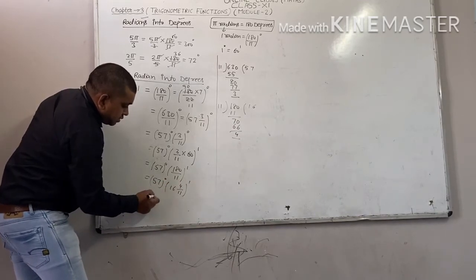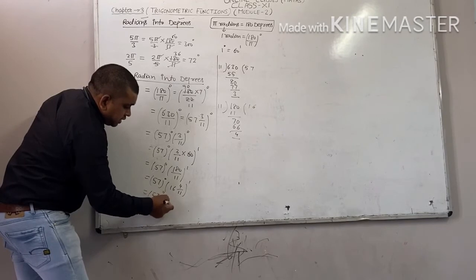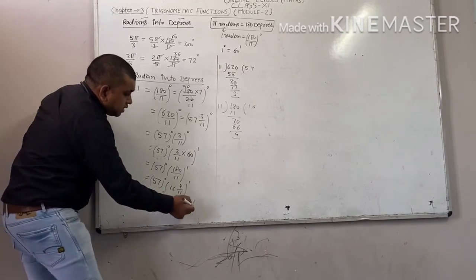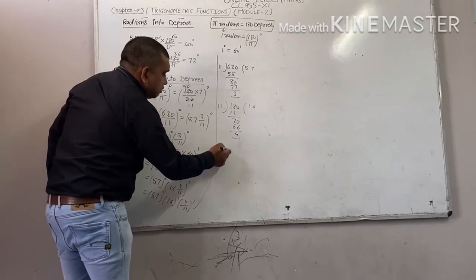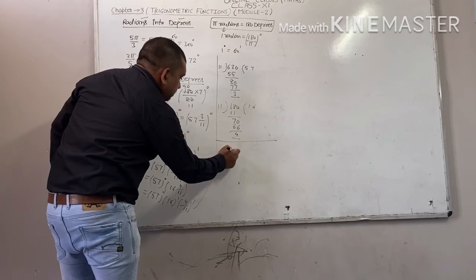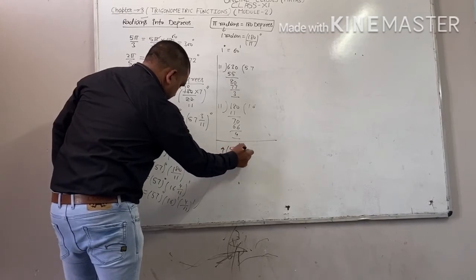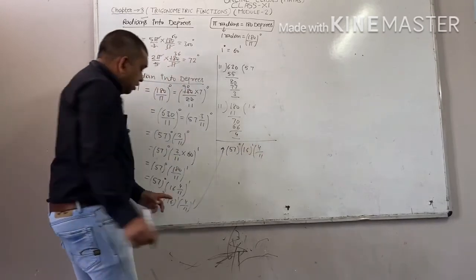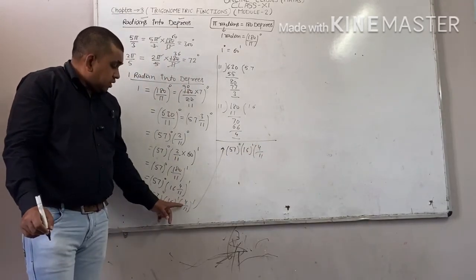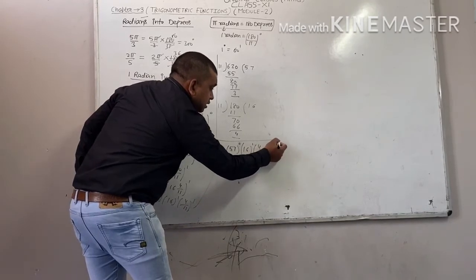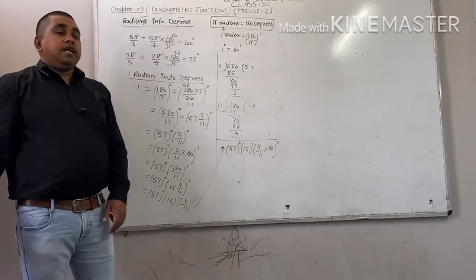Now this 16 minutes separate and 4 by 11 minutes separate. Now you will convert this into seconds. This is your 57 degrees 16 minutes 4 by 11. Now 4 by 11 into second. How will you convert? Multiply it with 60. This much second. Simplify this one and you will get the answer.